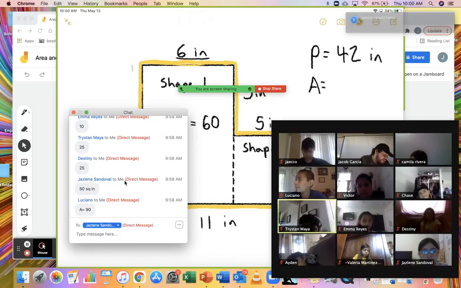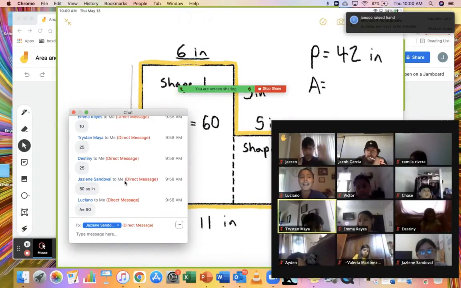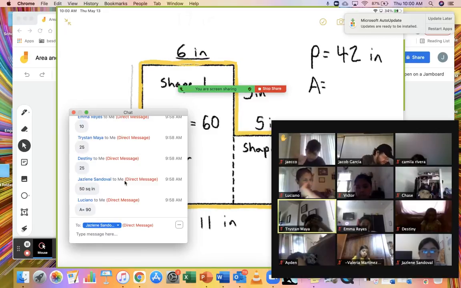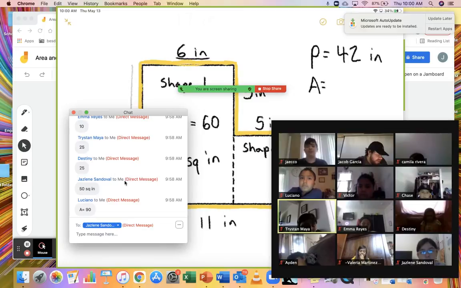Remember, inches is when you're just measuring a line. We're doing area. Does anyone want to help Tristan out? 60 square inches? Thank you, Tristan. You figured it out on your own. 60 square inches. Very good.